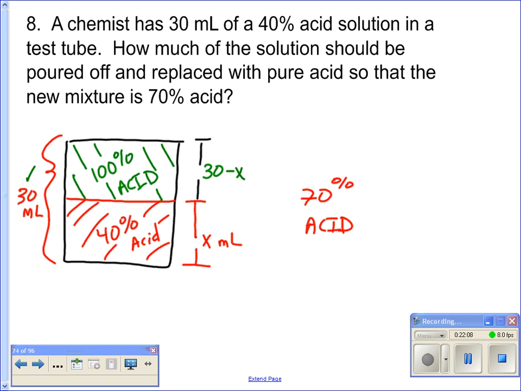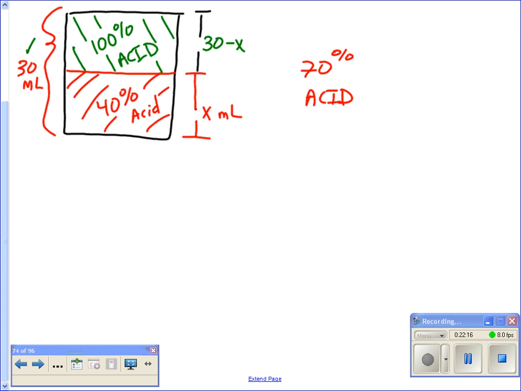All right, now we need to put that together in an equation. What we want is for the percentage to be 70%. So you have to think, how do you come up with a percentage? Well, it's part over whole is all it is. So we get part over the whole. The whole part is 30 milliliters. You know that. The part that is going to be acid is the 100% acid piece, which is going to be 1.